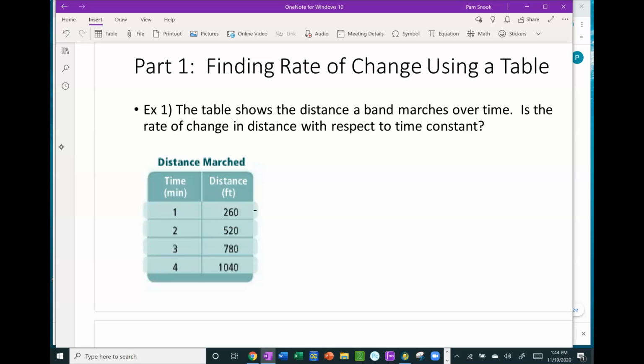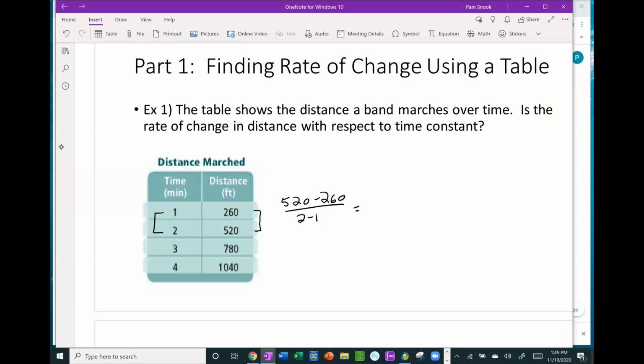So the rate of change between the first and the second minute would be your 520 minus 260, that's how many feet it moved, over 2 minus 1, and the 2 minus 1 is how much time passed. We ended at 2 minutes and started at 1 minute.